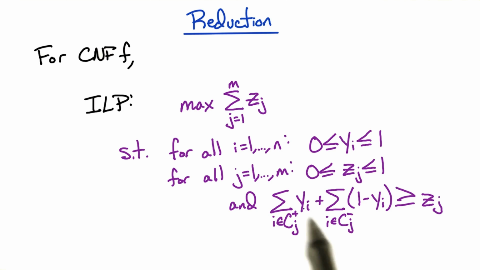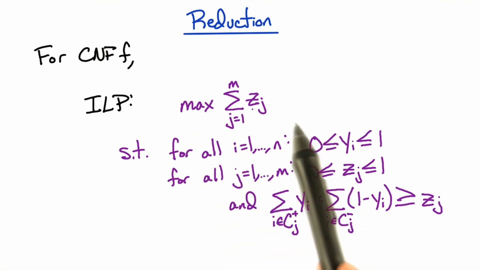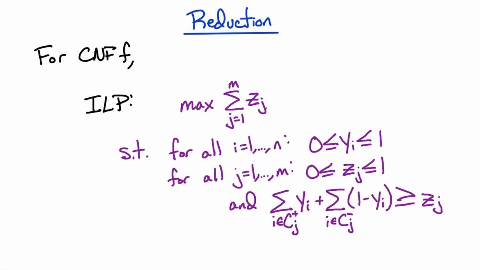And we're going to impose this as an upper bound on zj. So if all the literals in this clause are unsatisfied, then zj is forced to take value 0. So this clause is unsatisfied. And if at least one literal is satisfied, then zj can take value 0 or 1, and since we're maximizing, zj will take value 1 if it can.